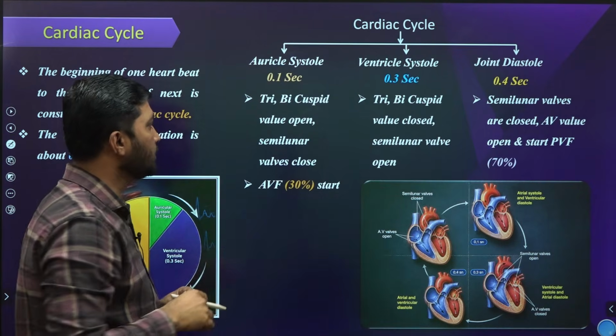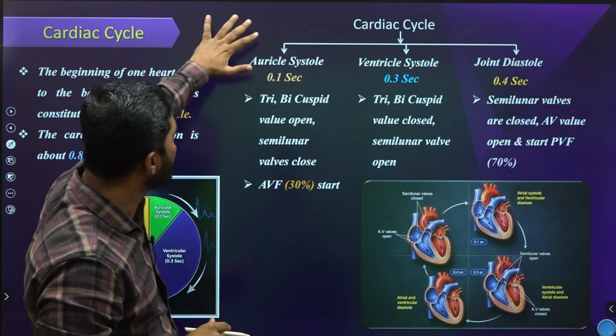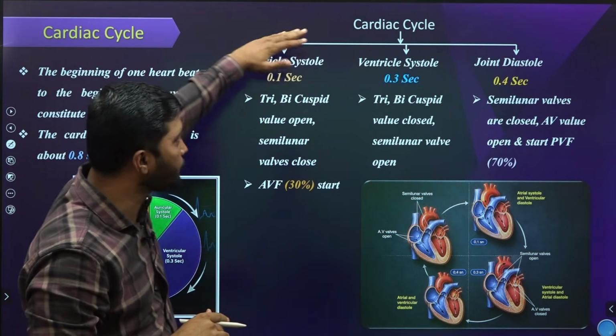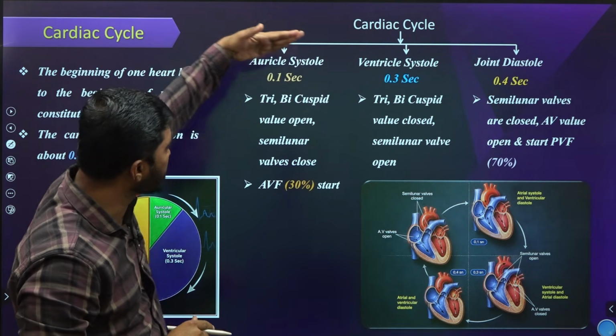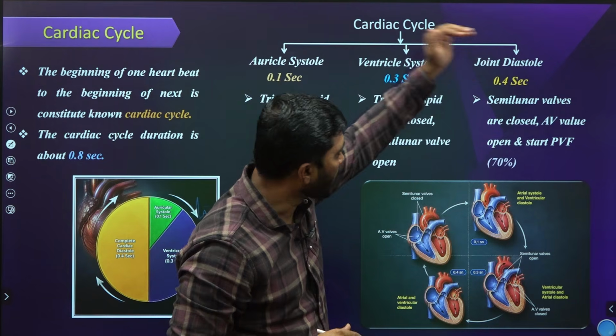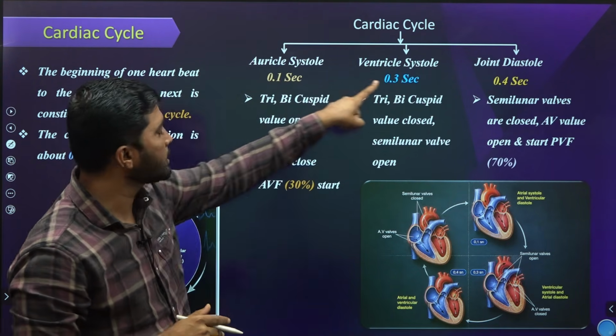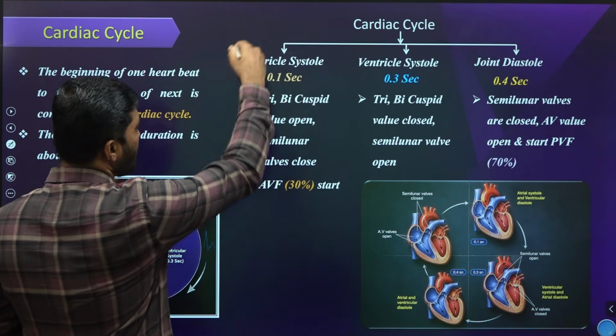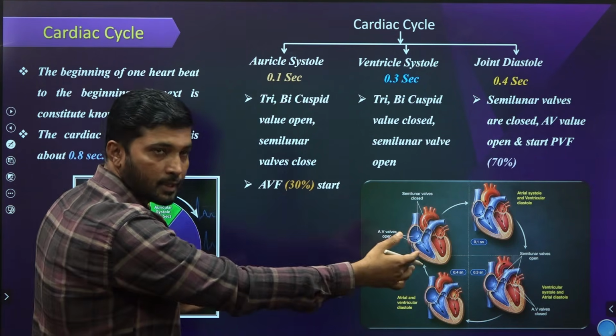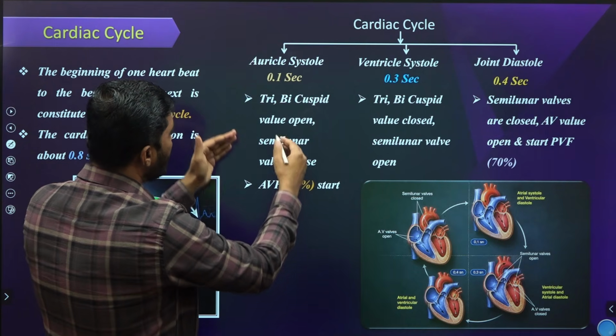Now come back to our main slides. So, three different stages of the cardiac cycle: auricle systole, ventricle systole, and joint diastole, with different events and durations. Before the auricle systole, what happened?